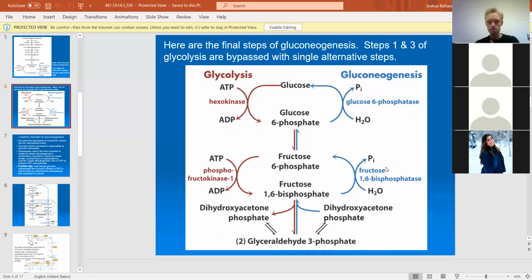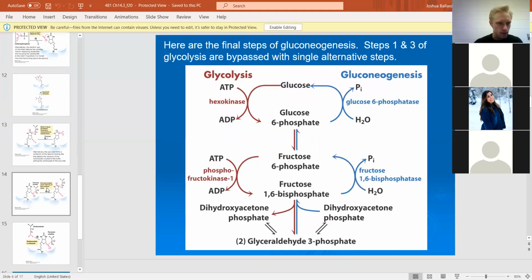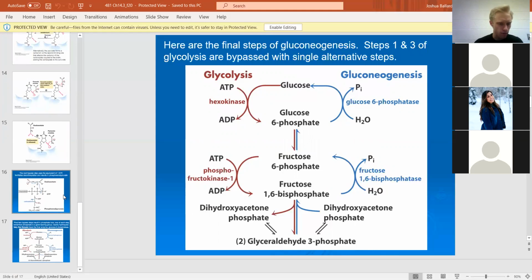Is there a slide in this PowerPoint that shows all of gluconeogenesis, the big picture, in one slide? Let's see here. I don't think so, honestly. Here, I'll bring up a picture real quick. I'm just having a hard time seeing where the steps are broken up in each slide.